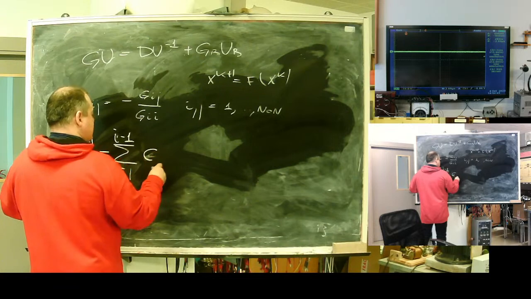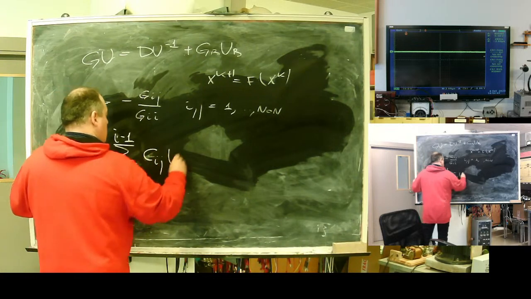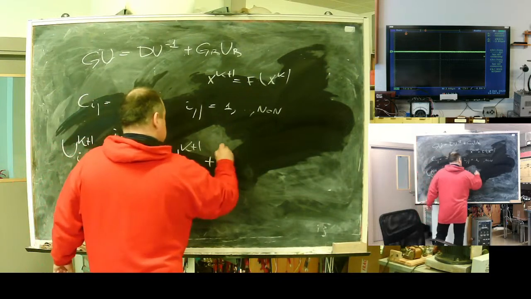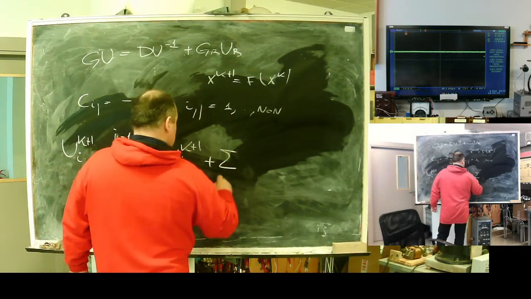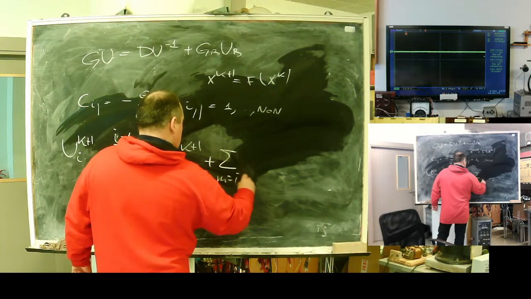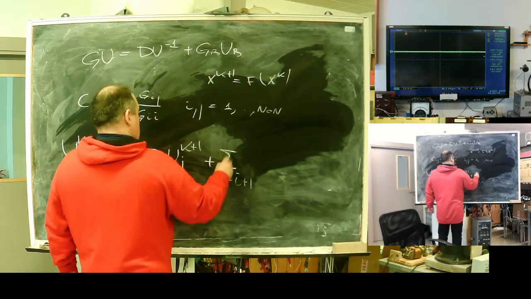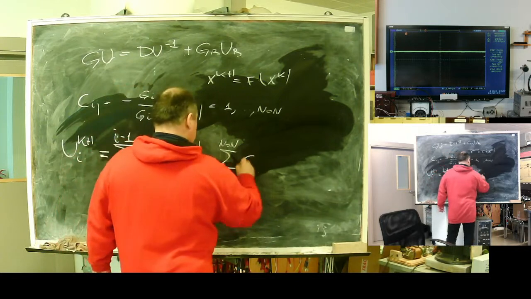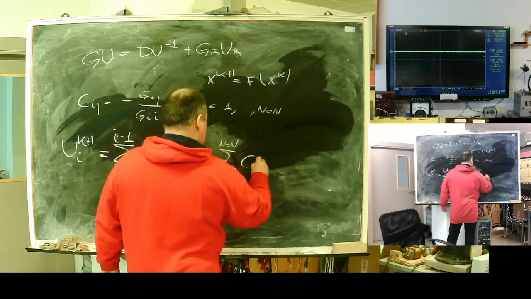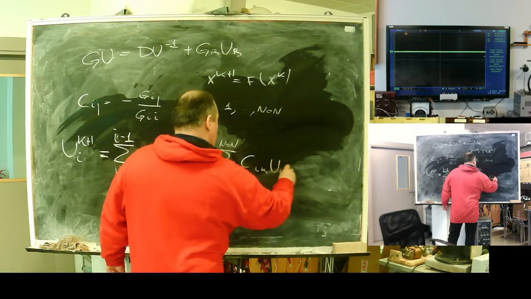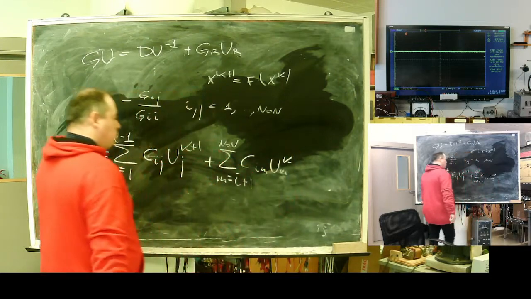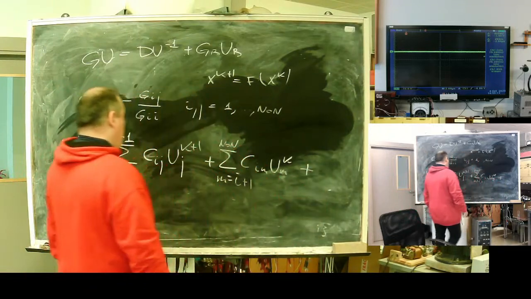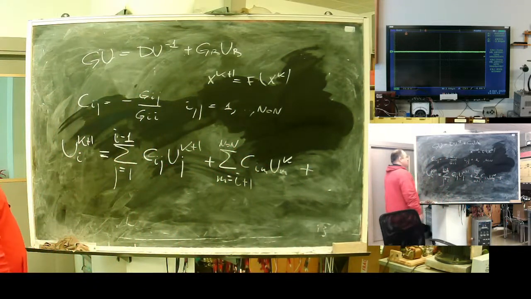What I'm doing: C_i U next, more precise, plus the sum where m changes from i plus 1 to the number of nodes, C_in U_n previous, not precise, plus, and here starts the trick.